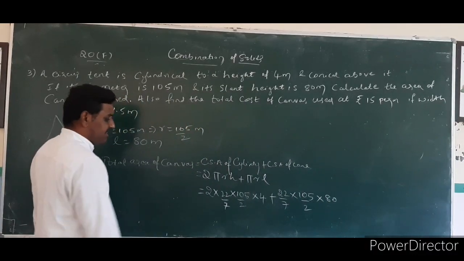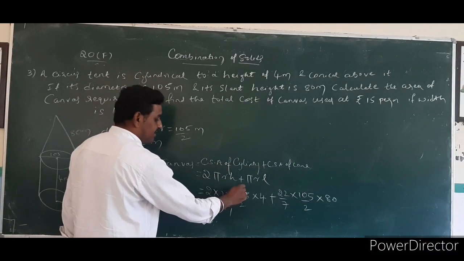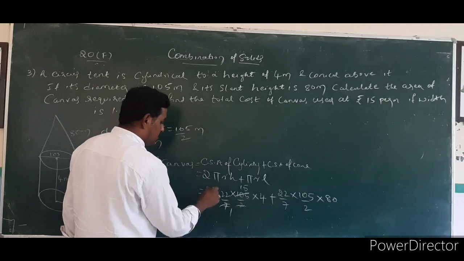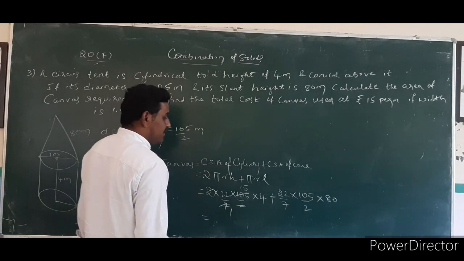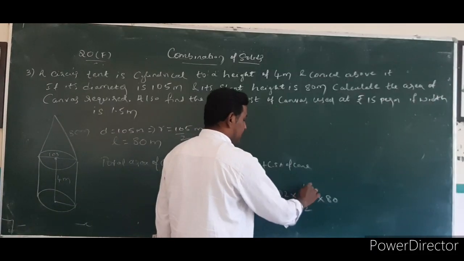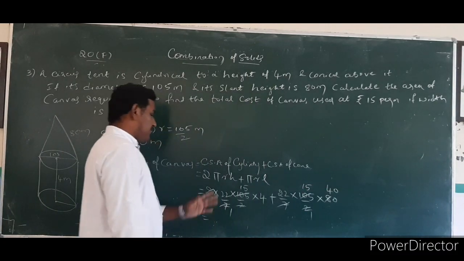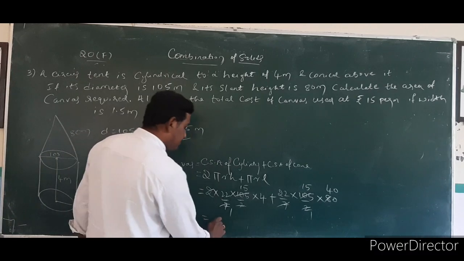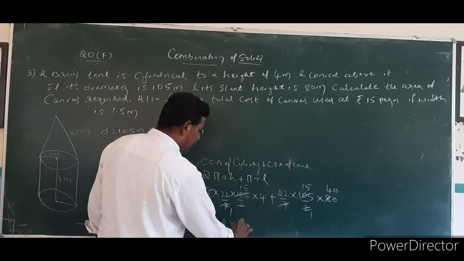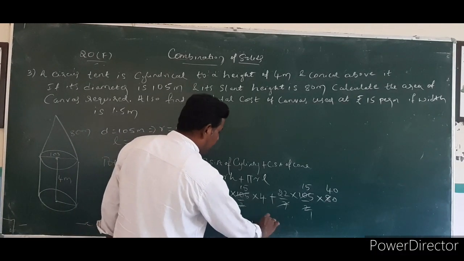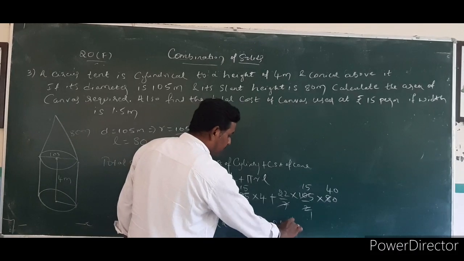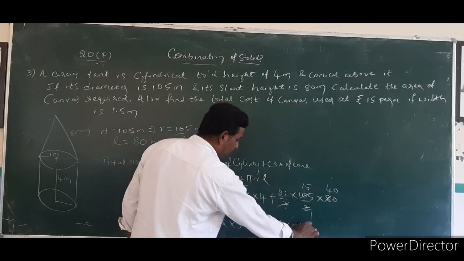We can easily cancel. 7 ones are 7, 7 15s are 105, 2 gets cancelled. Here also 7 ones are 7, 7 15s are 105, 2 ones are 2, 2 40s are 80. If you multiply here, 22 into 15 into 4 plus 22 into 15 into 40.